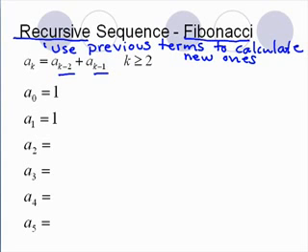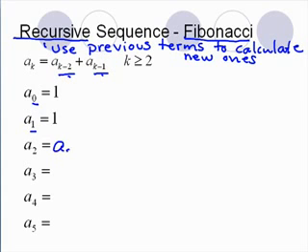So we're given the first 2 terms, which we need because we need to go 2 terms back in order to calculate the current term. The first 2 terms are a sub 0 and a sub 1. Notice I'm starting off with 0 instead of 1 this time. You can do that at any time. So a sub 0 is 1 and a sub 1 is 1. Let's use those to calculate a sub 2.